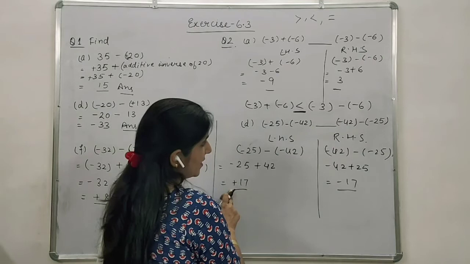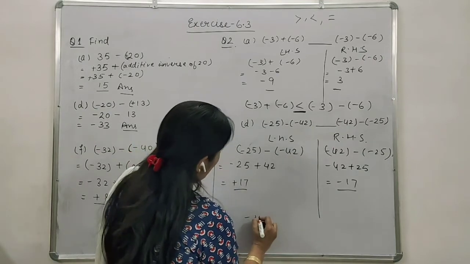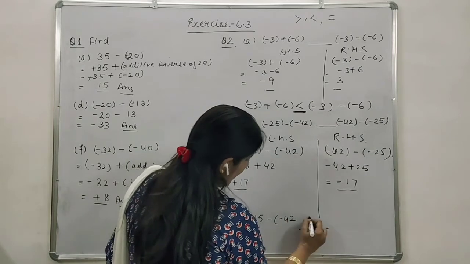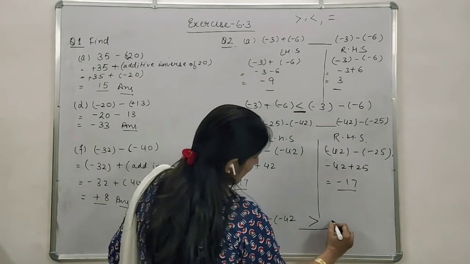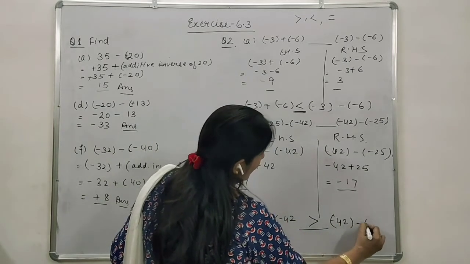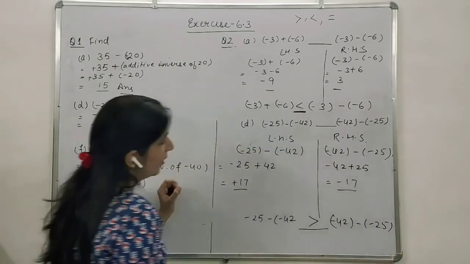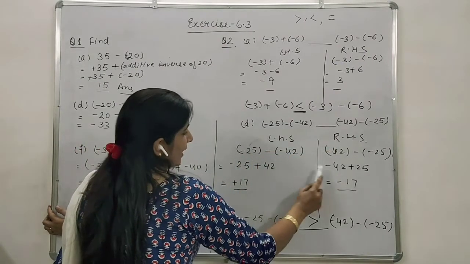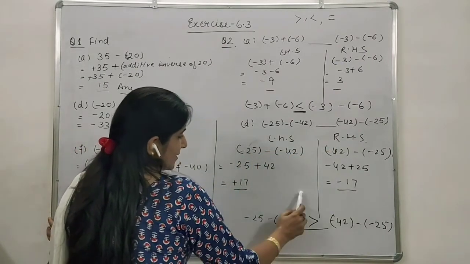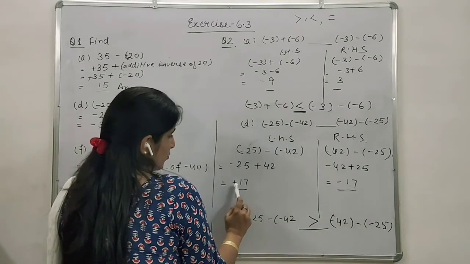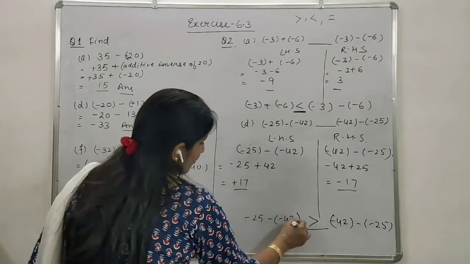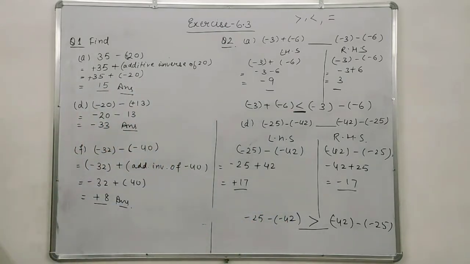Always the positive numbers are bigger, so in the end we can again write the question and then put the sign and write like this. So exactly like this you have to do this question by splitting them into left hand side and right hand side. Then they have two questions, and then lastly compare the answers. Whichever is bigger is the bigger one. So according to that you can put the signs.